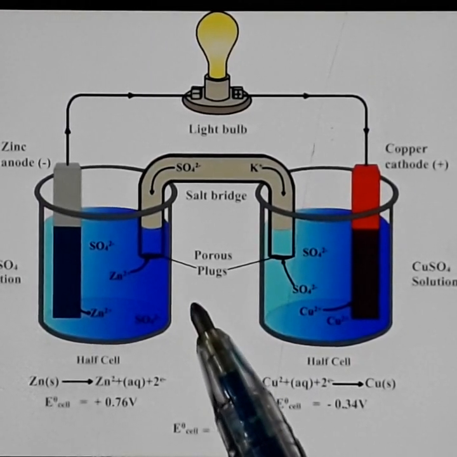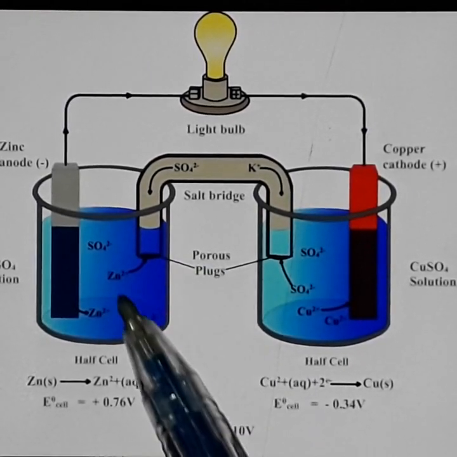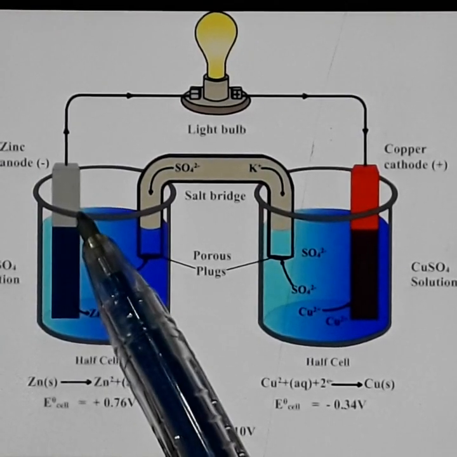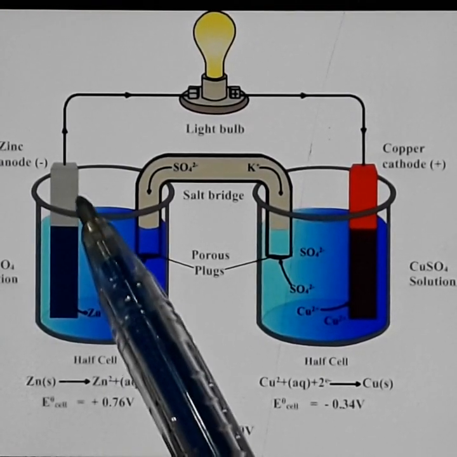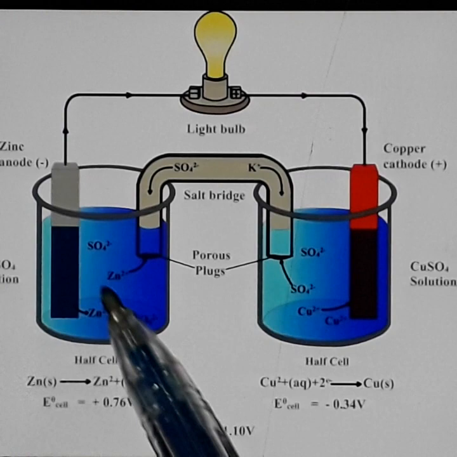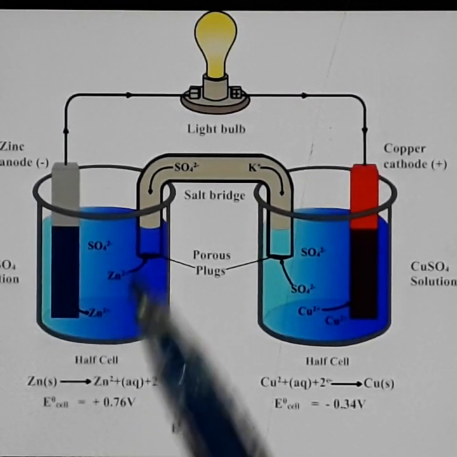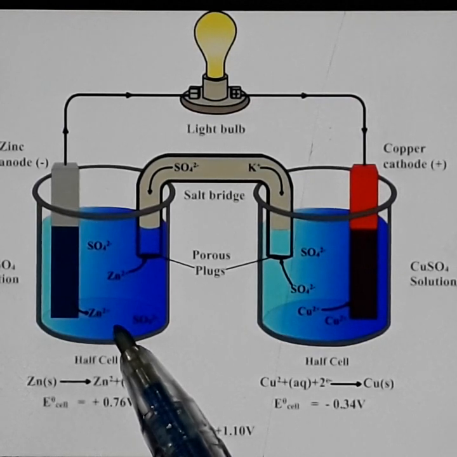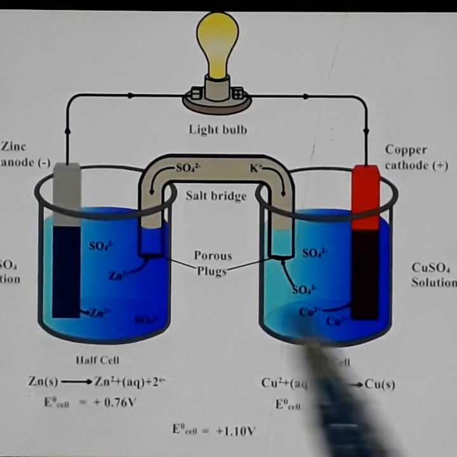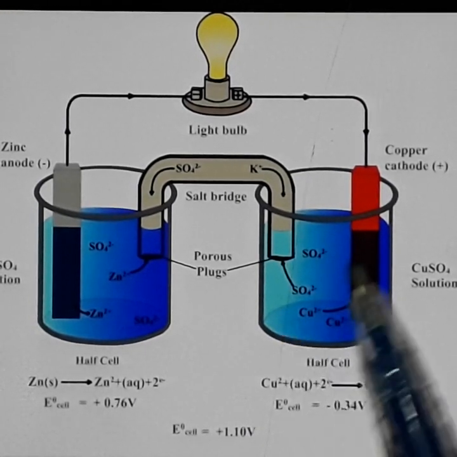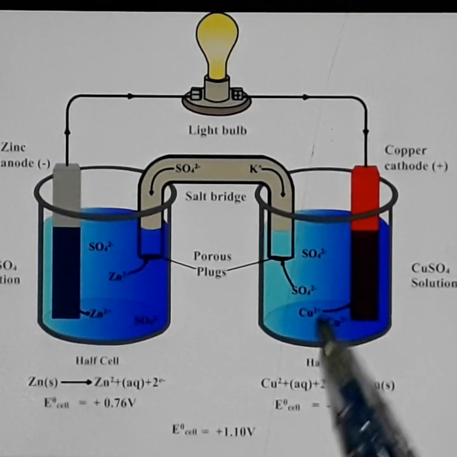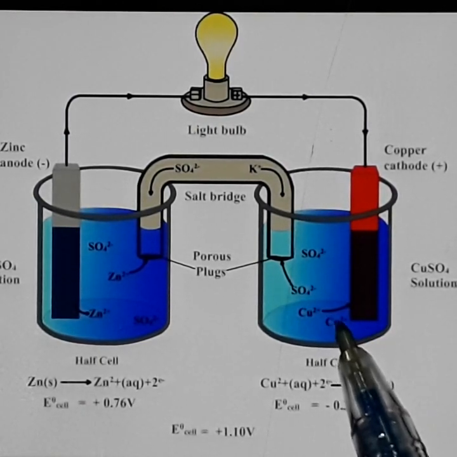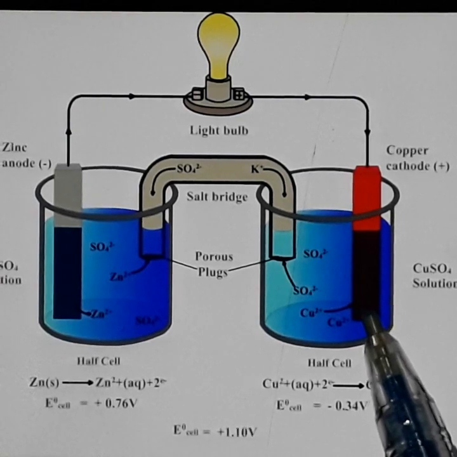Now during the reaction, what has happened here? Your zinc will get oxidized into zinc ion. So here the concentration of zinc ion in this electrode will increase, and here the reduction of copper ion is taking place, so the concentration of copper ion will decrease with the progress of time.